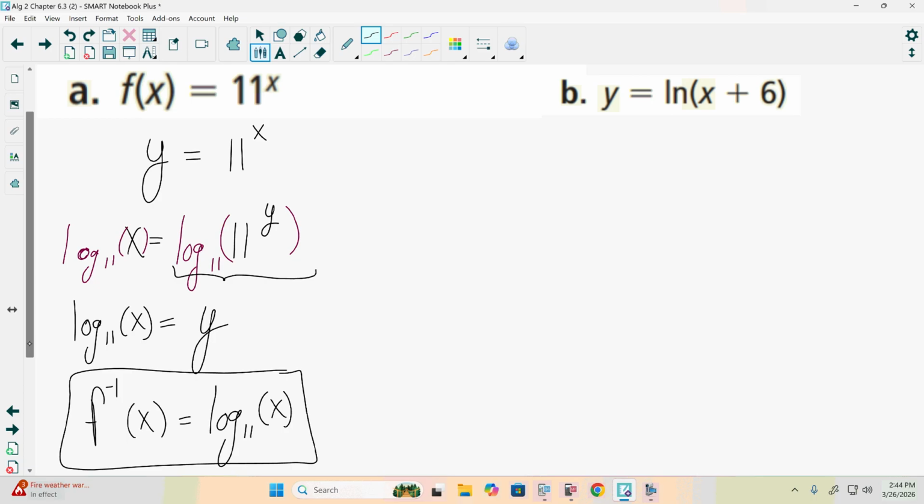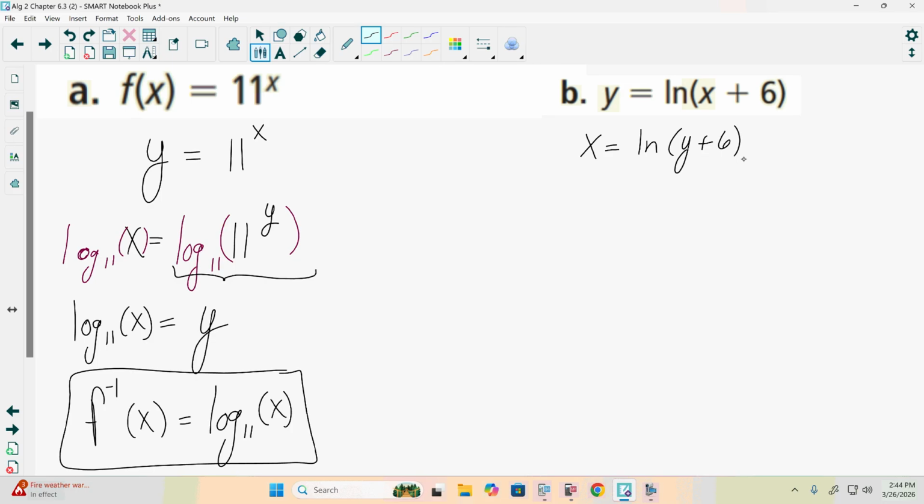y is equal to the natural log of x plus 6. We don't have to rewrite f of x as y because we do not have an f of x. So we can just go on and switch x and y. Now we can do a similar thing to what we just did on the last one, but this time we're not going to apply a log to both sides because we already have a log.